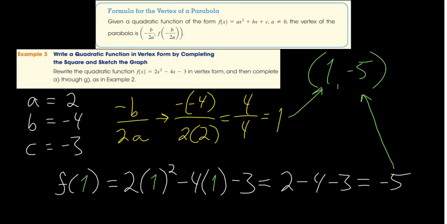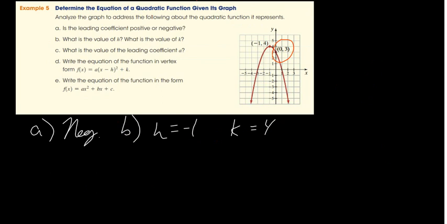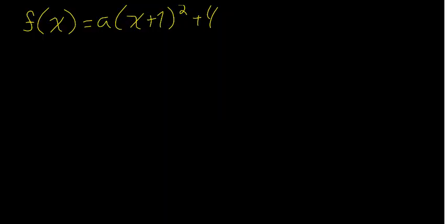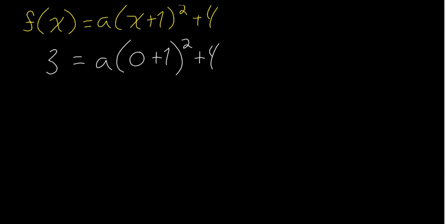What this means is the f of x over here is going to be equal to 3. So we're going to say 3 is equal to a, and then my x value was 0 plus 1, squared, plus 4. All I did here was plug in 0 for x and 3 for y, right? And again, f of x is y.